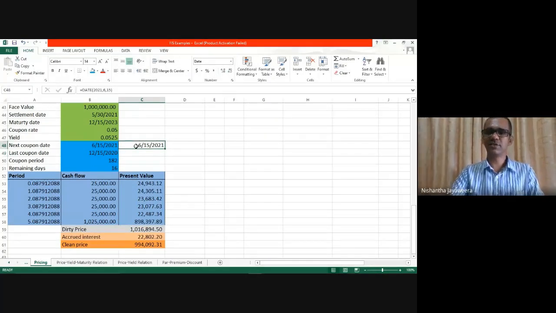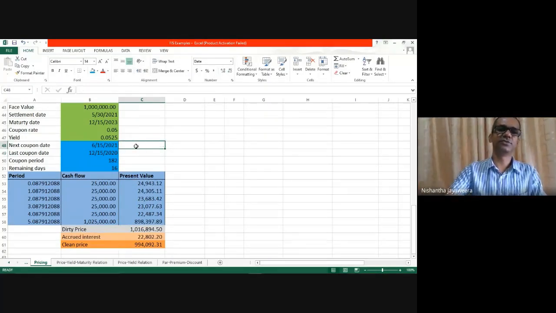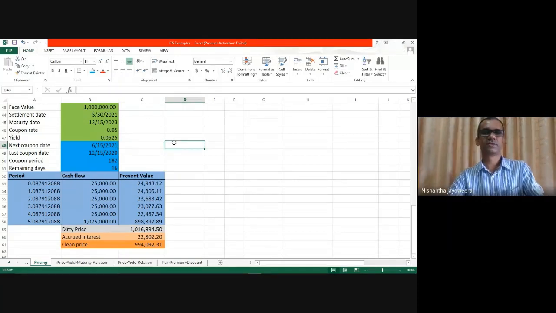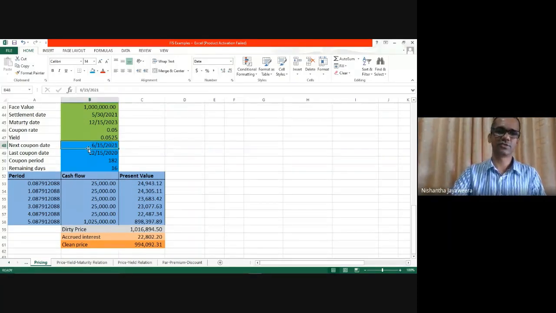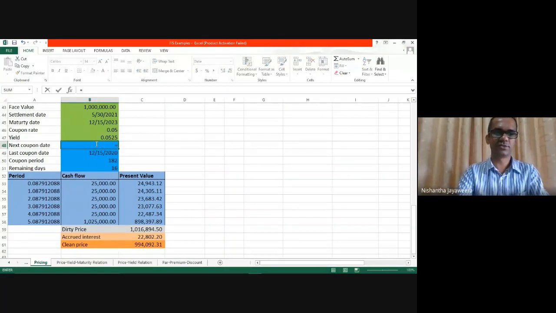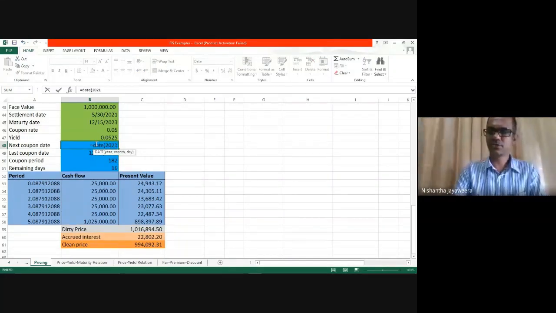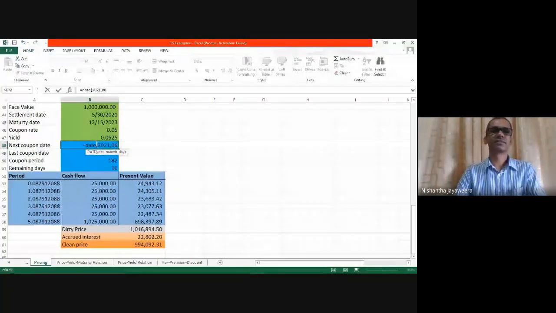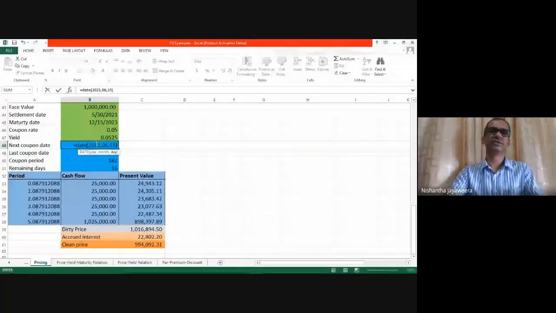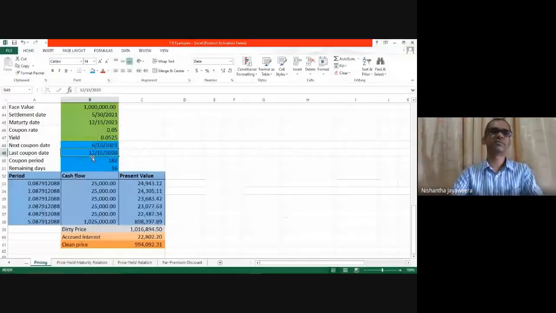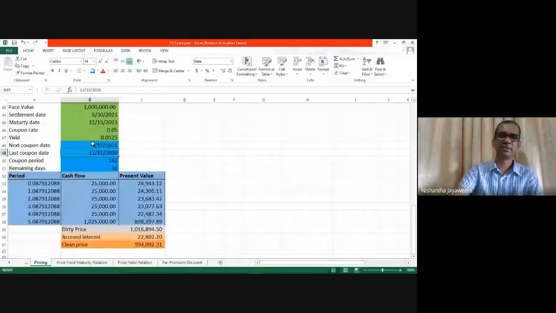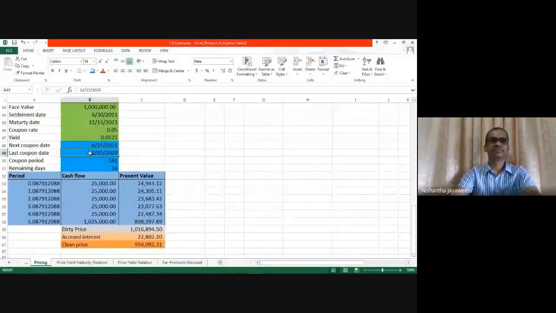So then there won't be any confusion if you use that equation. Either way, you can put it here, DATE 2021, June 15. Nothing would change. You can do the same here without straight away keying the date.